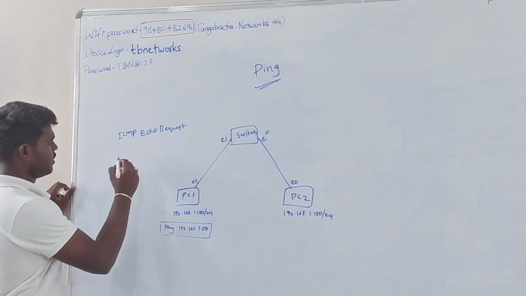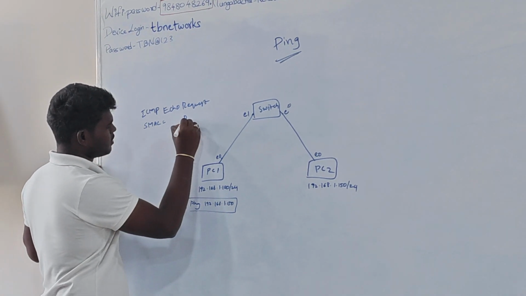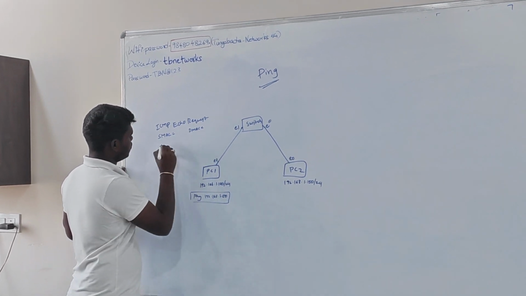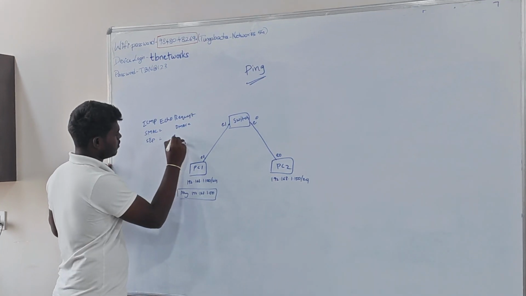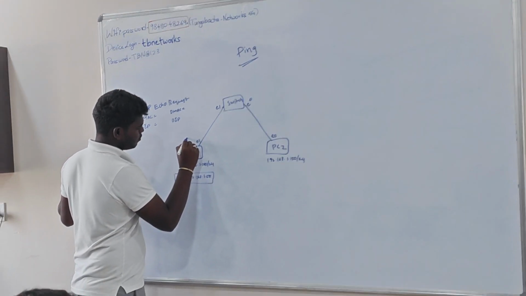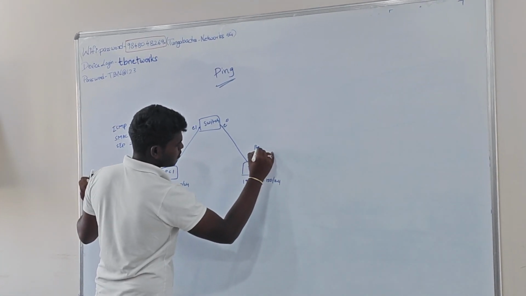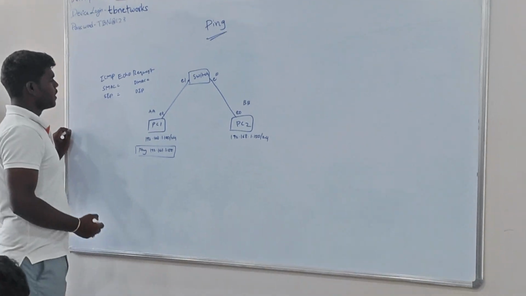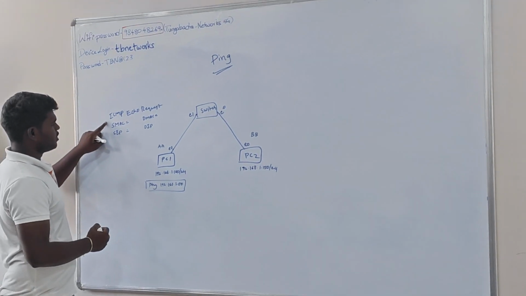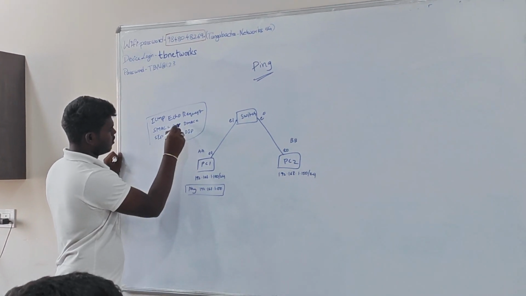It contains headers such as source MAC, destination MAC, source IP, and destination IP. I am assuming PC1's MAC address as AA and PC2's MAC address as BB. In this ICMP echo request packet, the source MAC is AA.